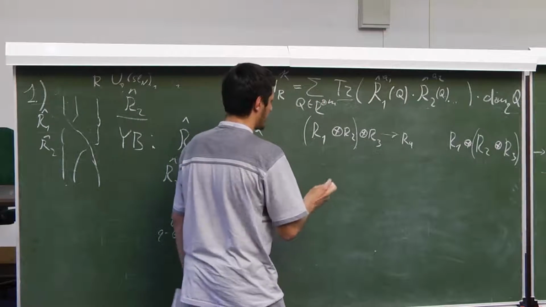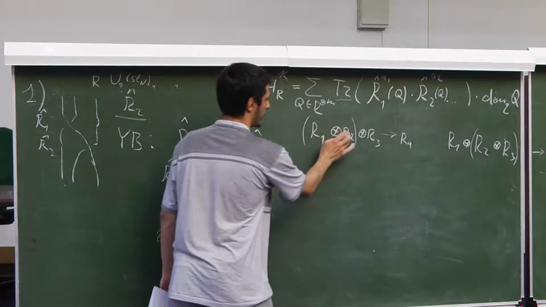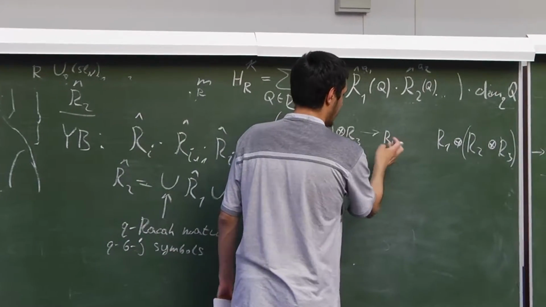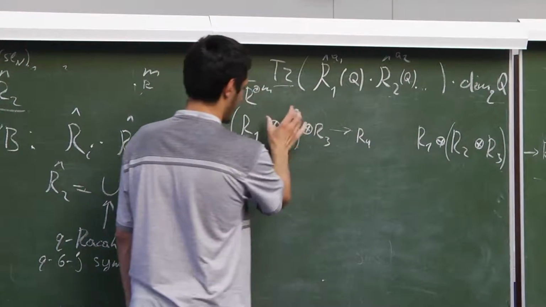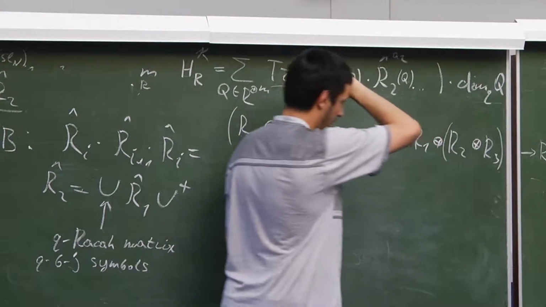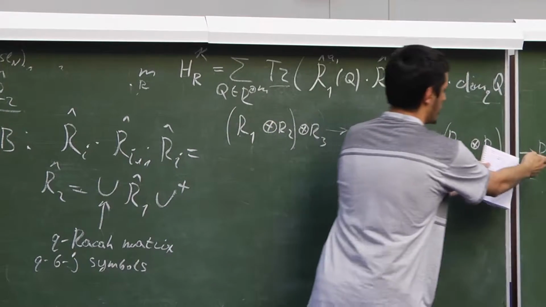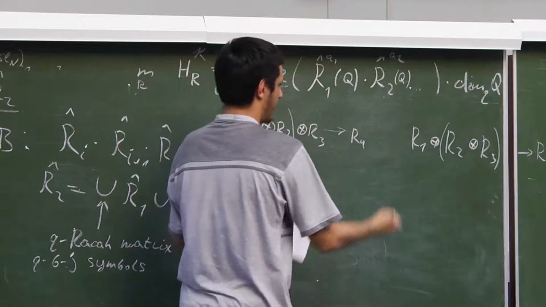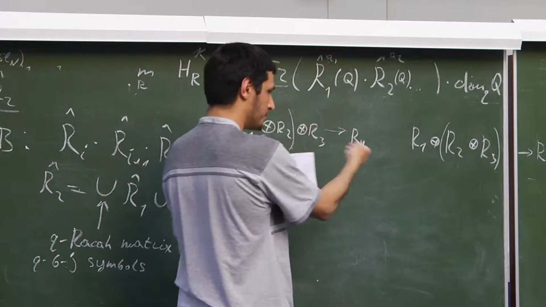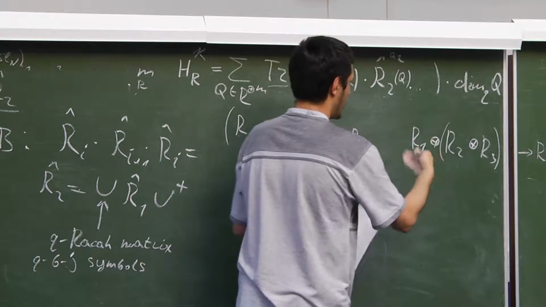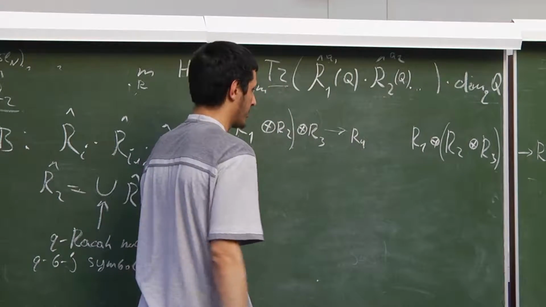Then, if I fix orthonormal bases in these representations, I will get some basis induced by this choice in these representations R4. These representations R4 are the same representations, like vector spaces, but their bases will not be the same. One basis will be rotated with respect to the other basis.